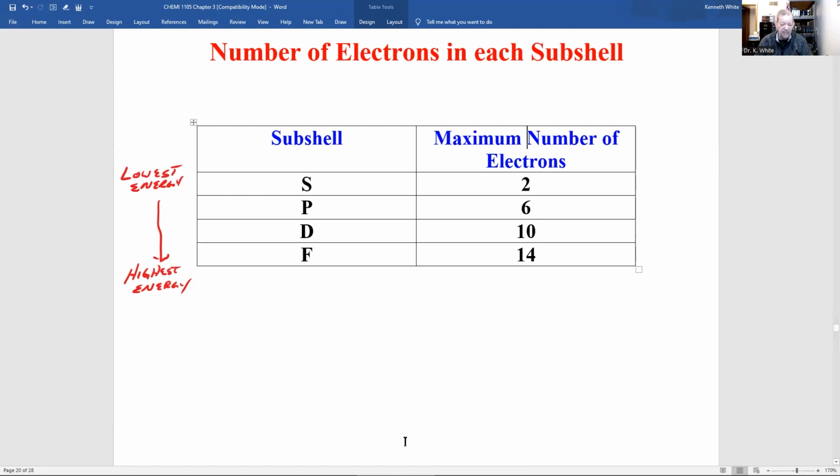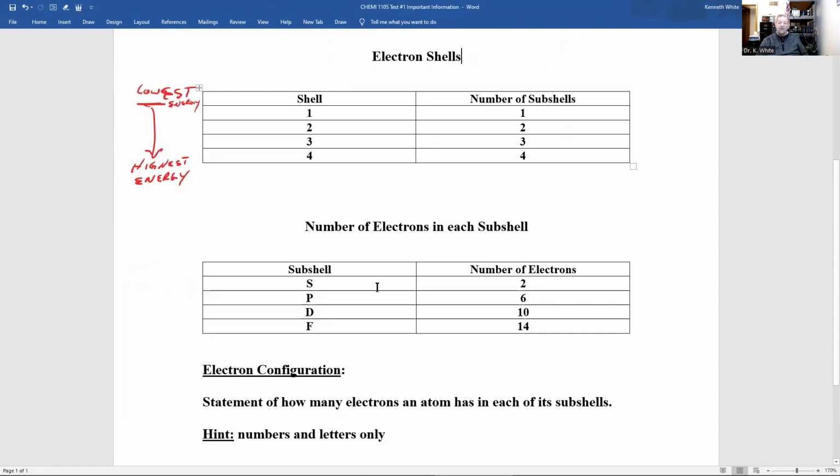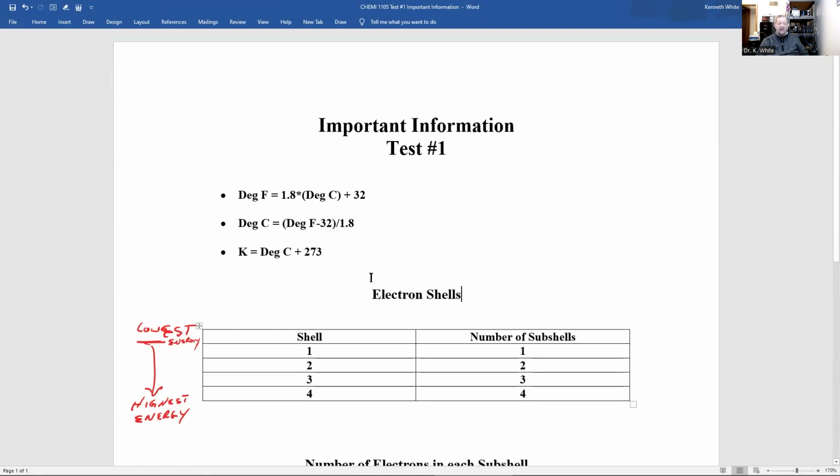Now, in keeping with lowering the amount of memorization, you'll see important information, test number 1.